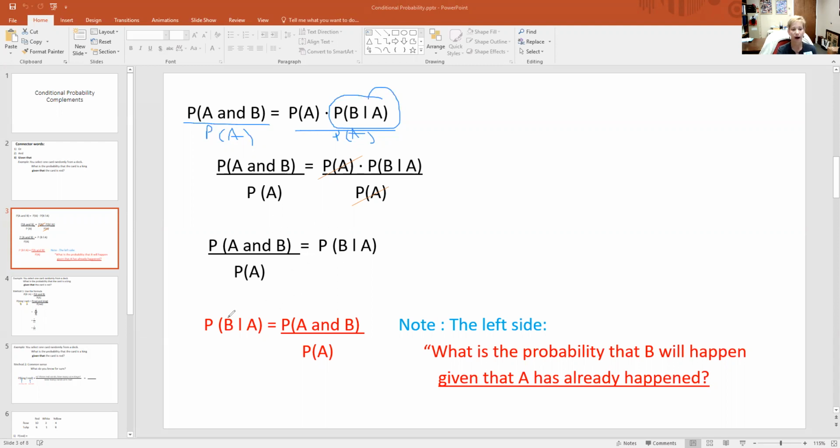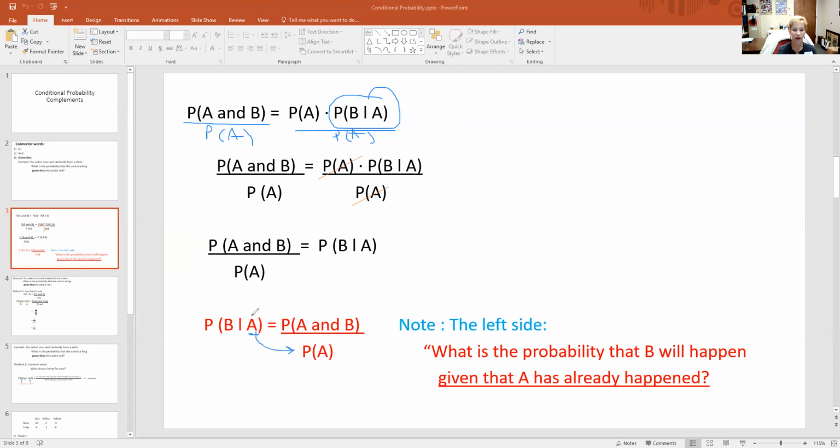If you want to find the probability of B, given that A has already occurred, the formula is that on the top you have a probability over another probability, kind of like when you were doing odds. You're going to have a fraction over another fraction that you've got to simplify. So you find the probability of A and B, and then you put that over the probability of A. Notice, this denominator is what is on the right side of your bar.